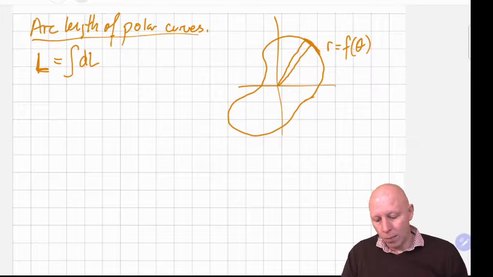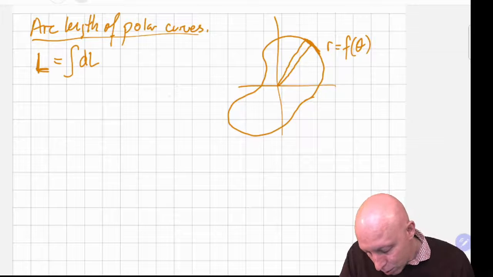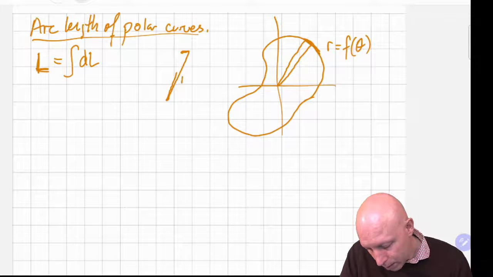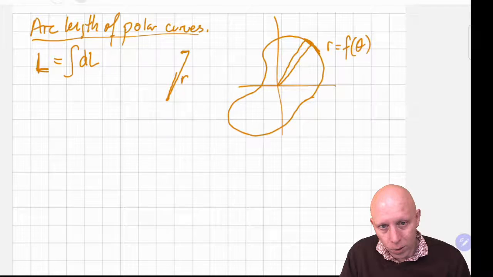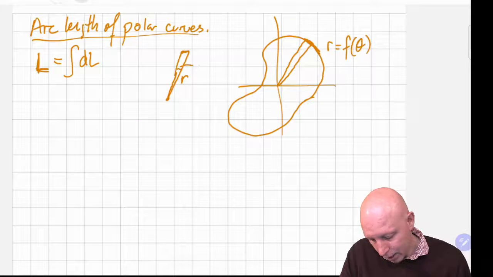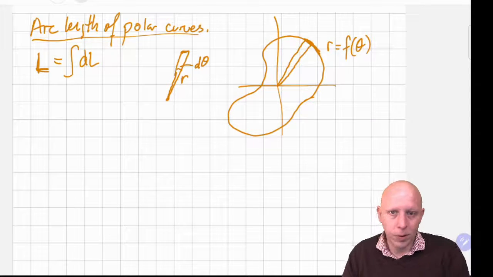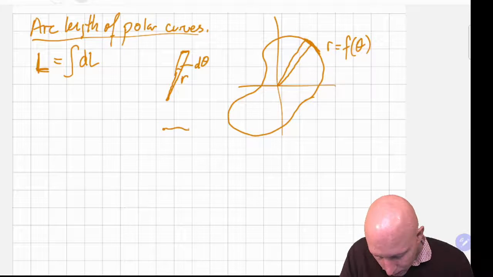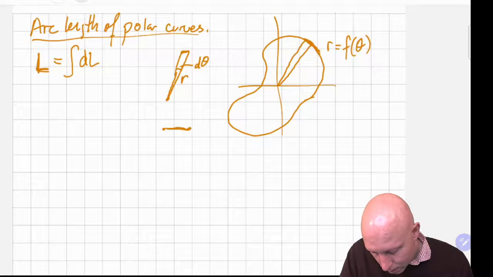So if we zoom in here, what do we see? We're just some distance r from the origin, and we have swept out a small amount d theta. And so the question is, how long is this segment that we've swept out?